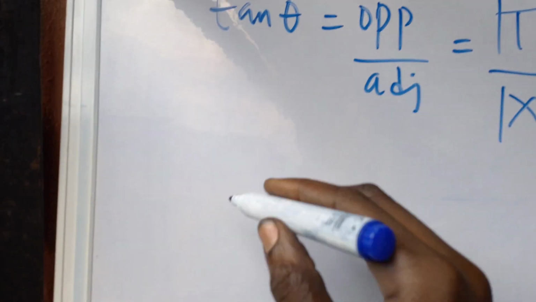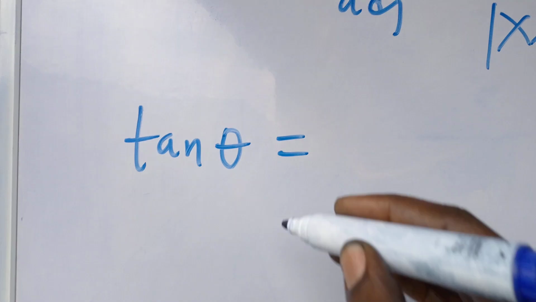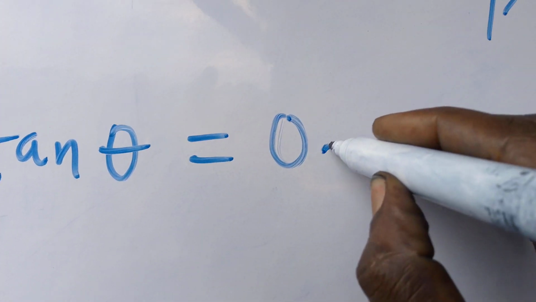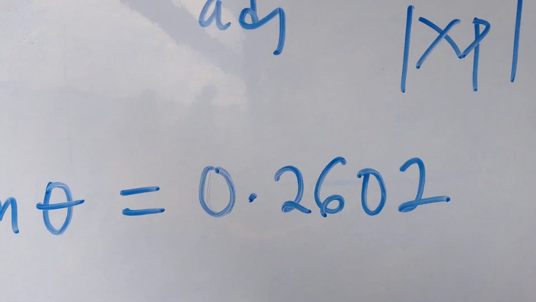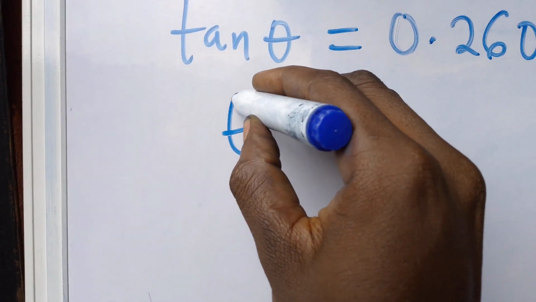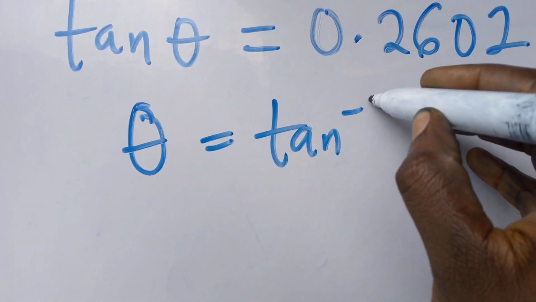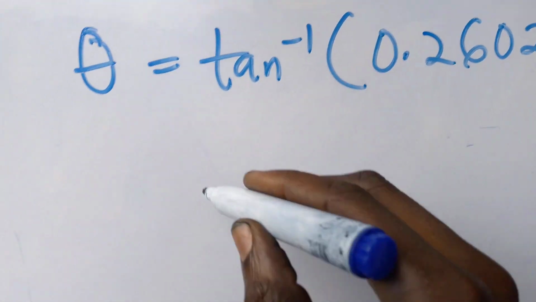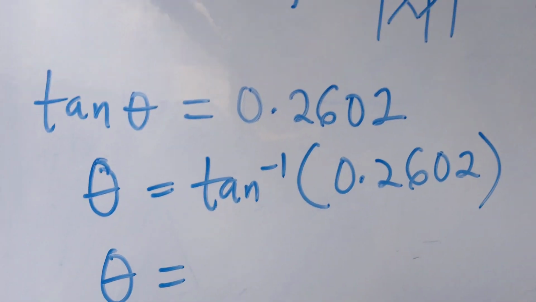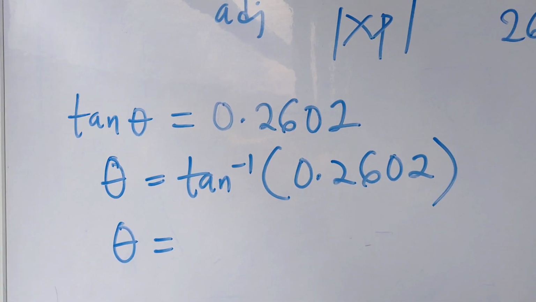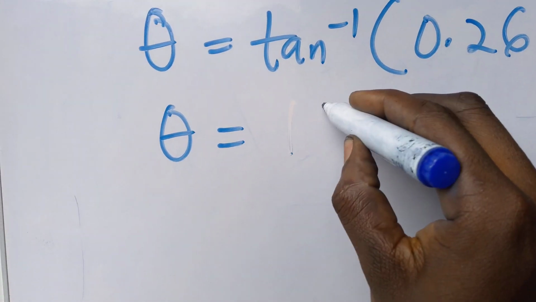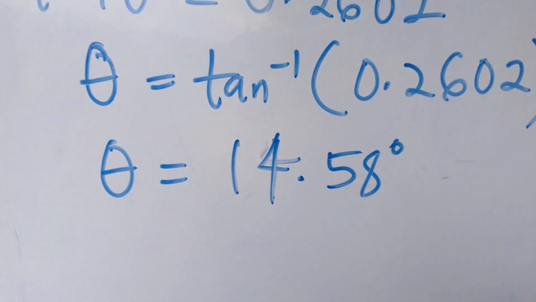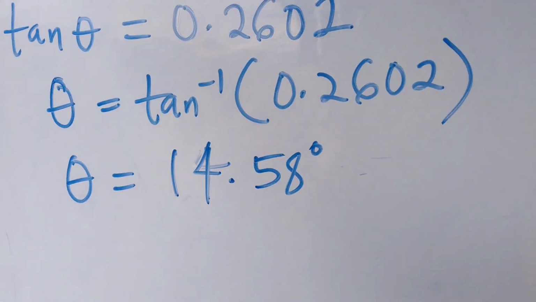When I divide 7 by 26.9, tan theta is equal to 0.2602, and theta will be equal to tan inverse of 0.2602, which is 14.58 degrees. Then they said we should take that to the nearest degree.